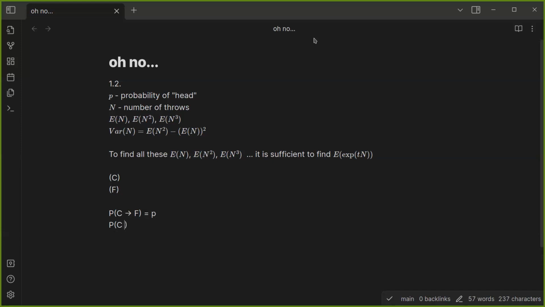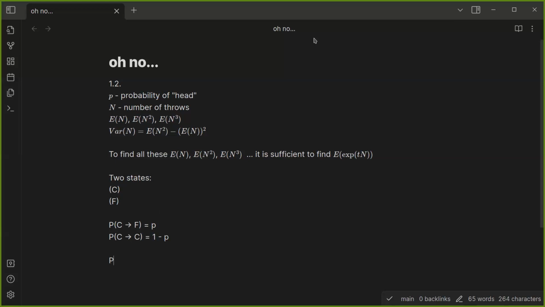And from state C, I may go to state C with probability 1 minus P, because the game will continue if I throw tails. These are the transition probabilities from C to F and C.